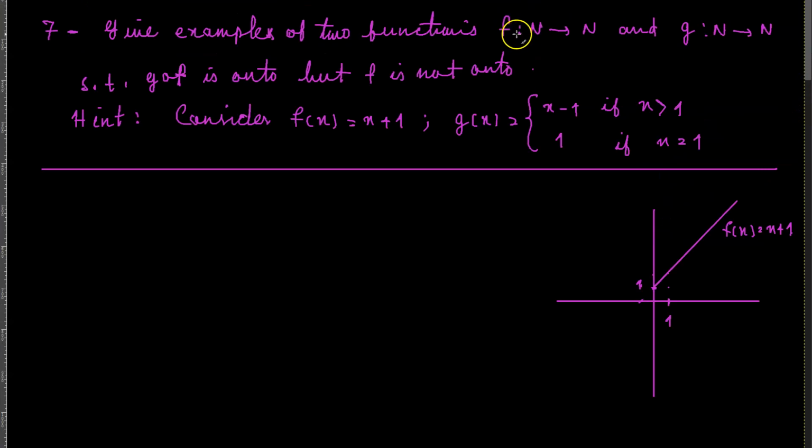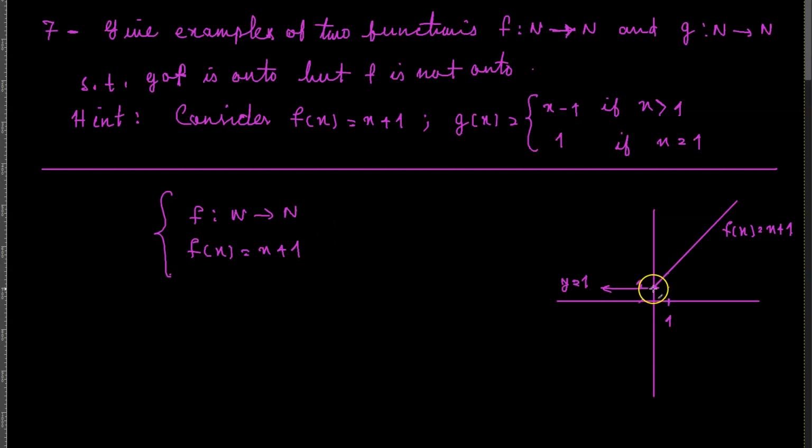And this function over here, f as a function from n to n, defined by f of x is equal to x plus 1, this function is not onto because you can see over here this point, which is basically y is equal to 1. It is actually a part of the codomain of the function. The codomain of the function starts from 1, 2, 3, and so on and so forth, right?